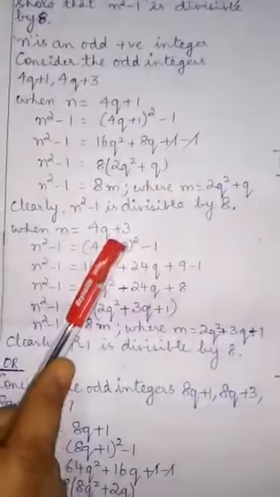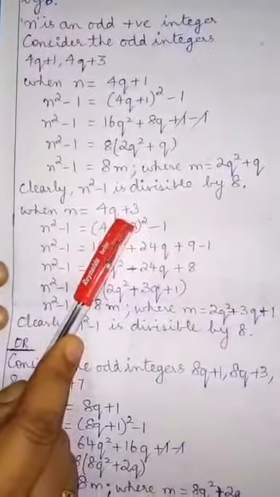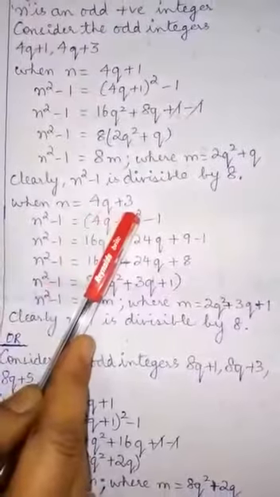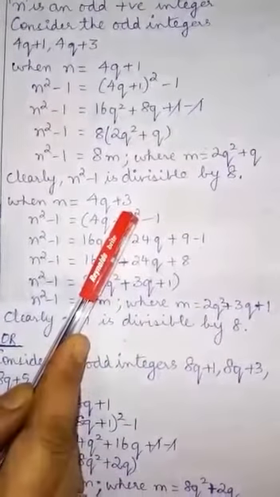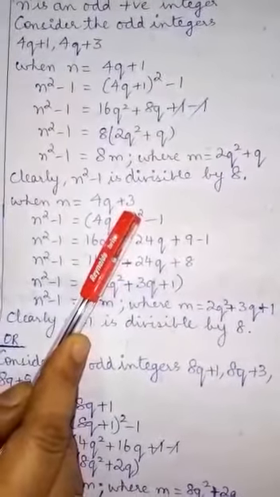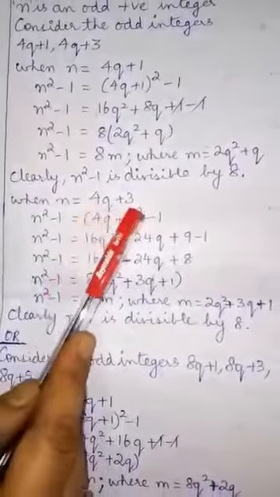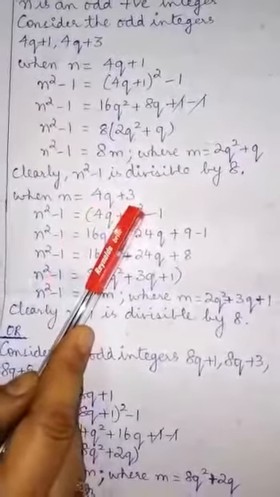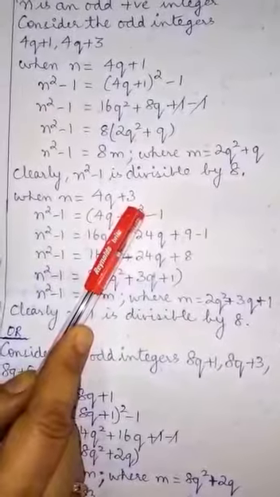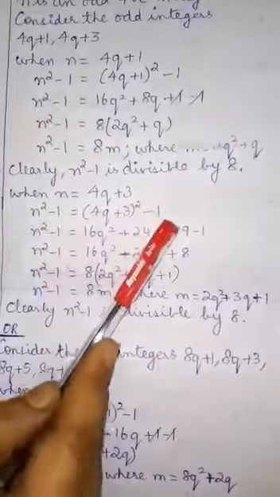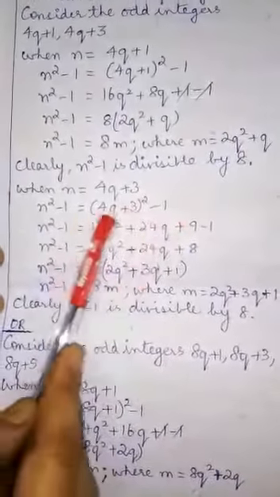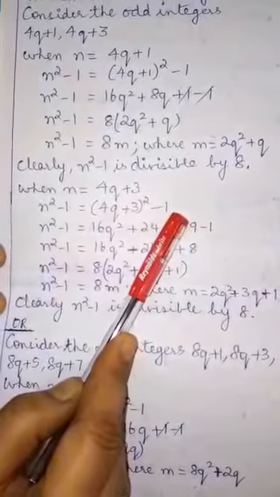Now when n is 4q plus 3, so what is this again? This represents an odd positive integer. Now we need to square this and subtract 1. We need to find n square minus 1 and show that this is divisible by 8.